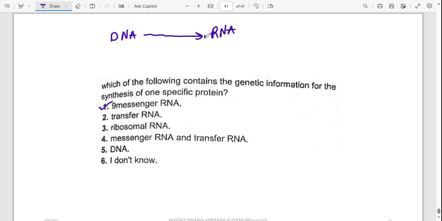And then specifically messenger RNA, because it has the messages for the synthesis of proteins. And then now you are going to go to proteins. So DNA stores the information, RNA is a carrier.